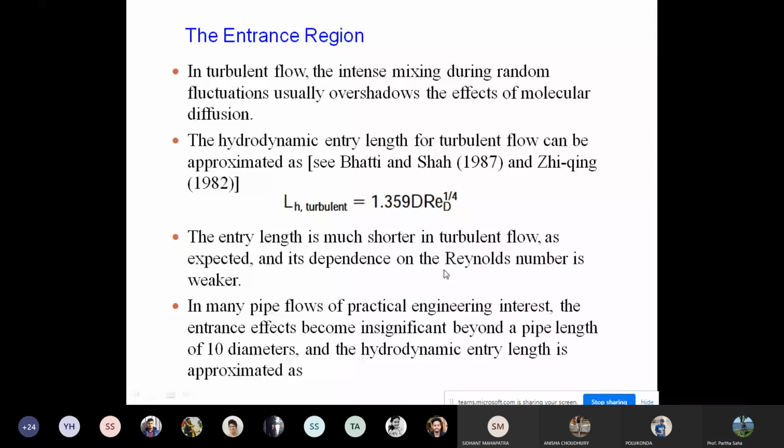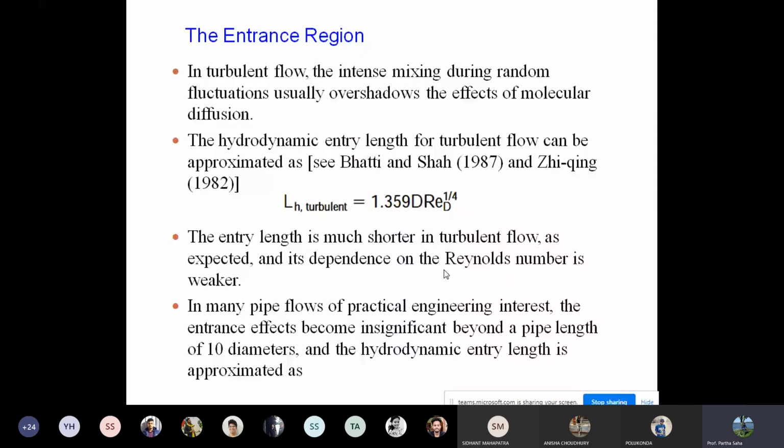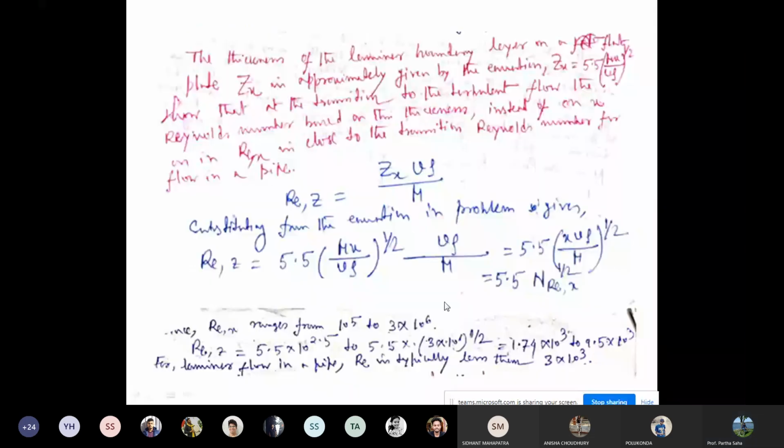They have approximated the entrance region for turbulent flow as 10D, just multiply 10 with the diameter. If the Reynolds number is very small and the flow is turbulent, it can also be given by this expression. So let's solve some numericals. I think that is much more important.